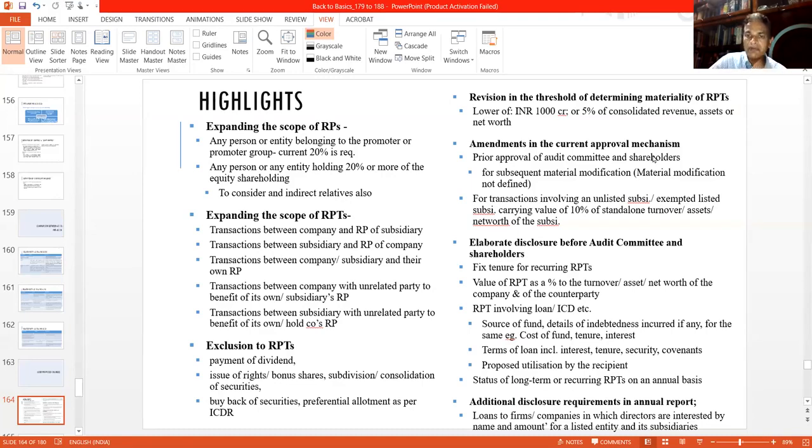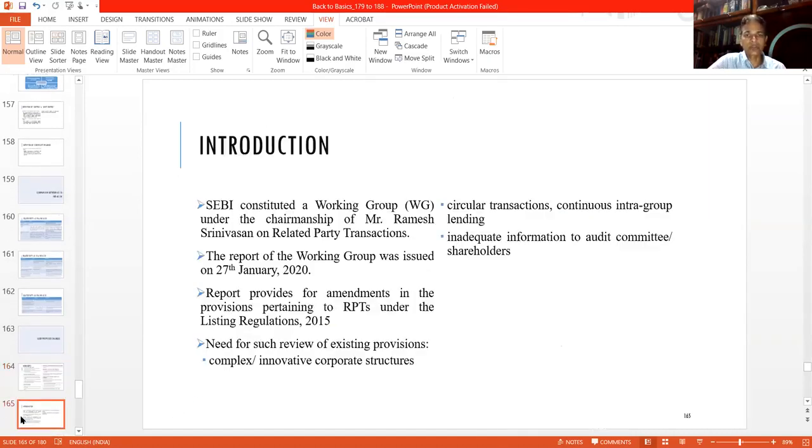And also very importantly, when audit committees give an approval, the audit committee will have to give complete justification in terms of what the controls are, and the factors based on which the audit committee approves the transaction. So approval by audit committees must be based on a whole lot of factors which the audit committee takes into consideration while approving a related party transaction. That's a change which is likely to come. As and when the committee report is implemented, that's when these changes proposed by SEBI take effect.